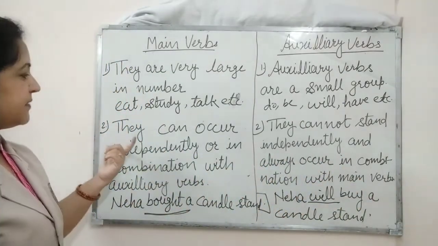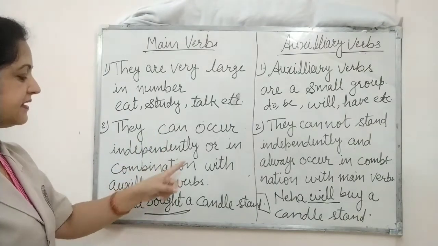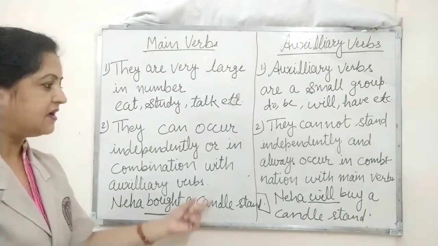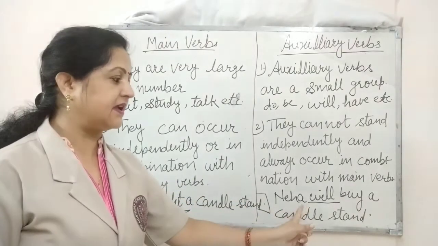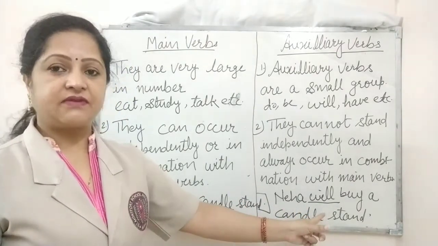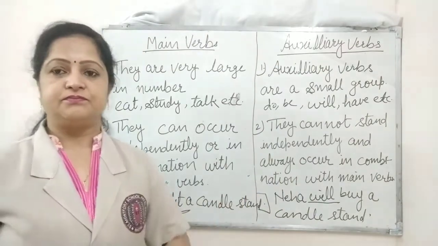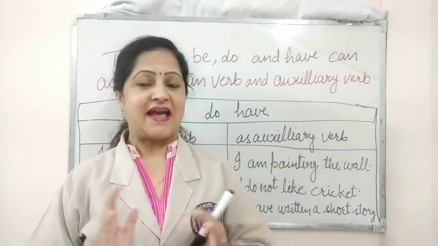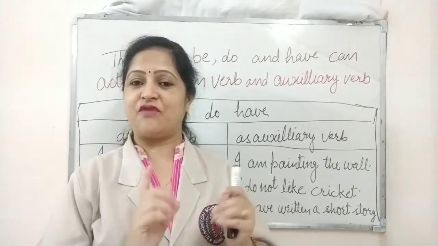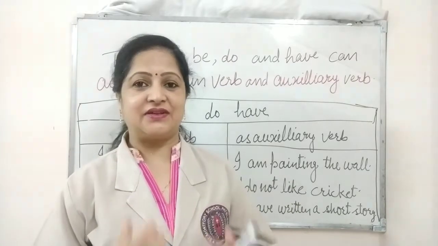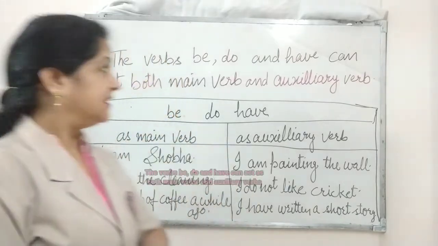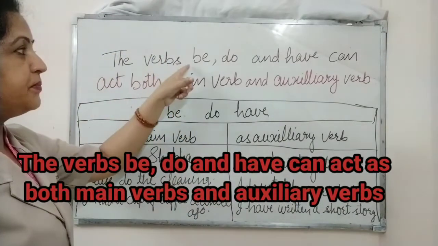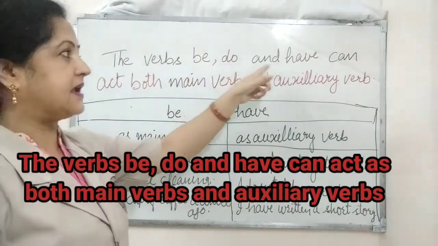Whereas the main verb can occur independently, as we have used here, or in combination with the auxiliary verbs, as given here. As I told you, one exception is there. The exception is the verbs be, do and have.